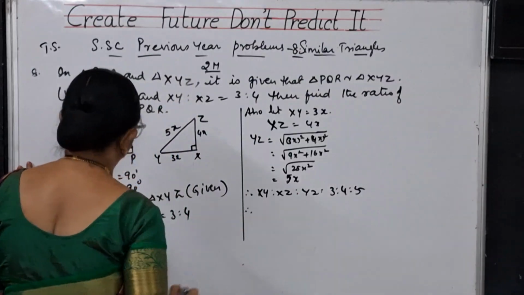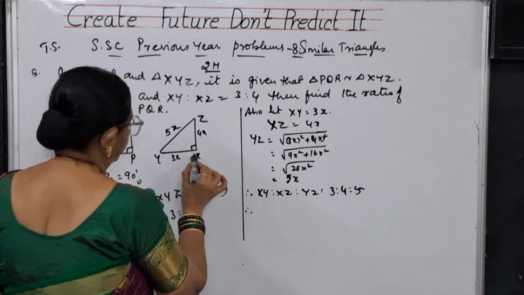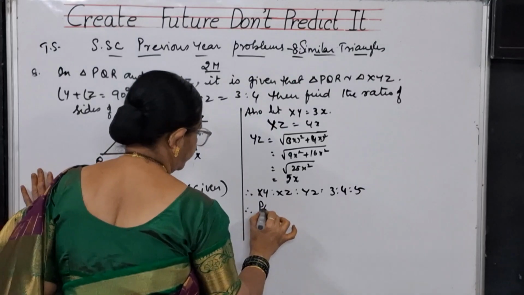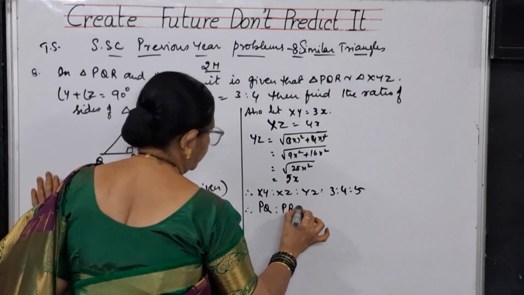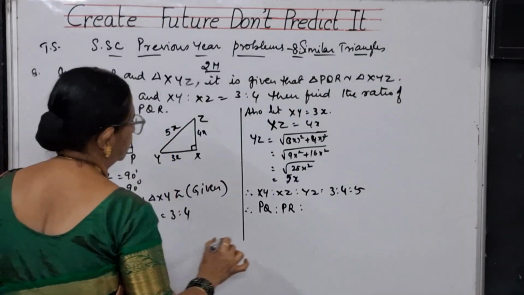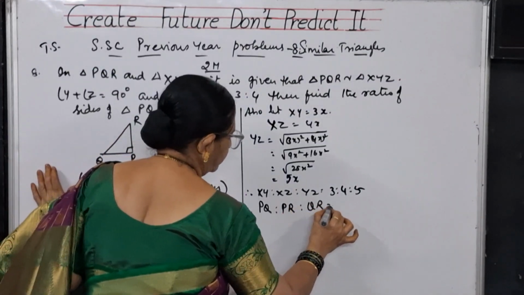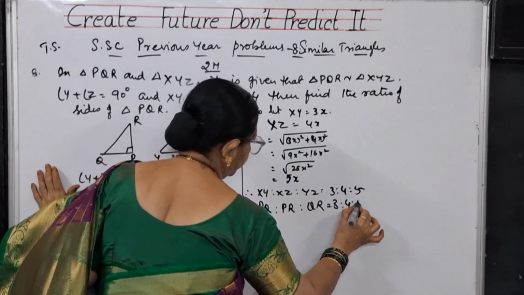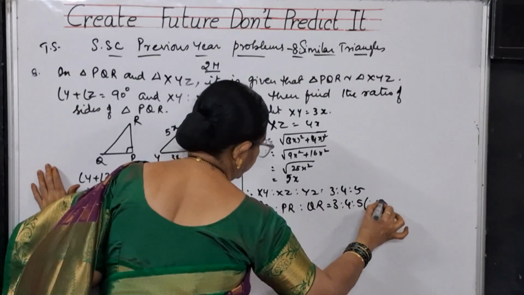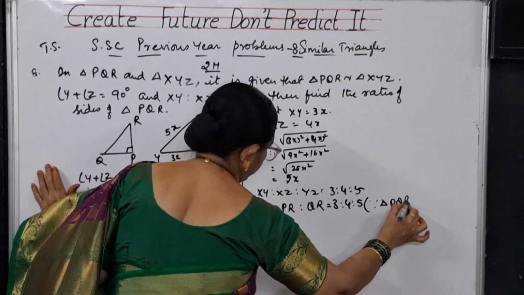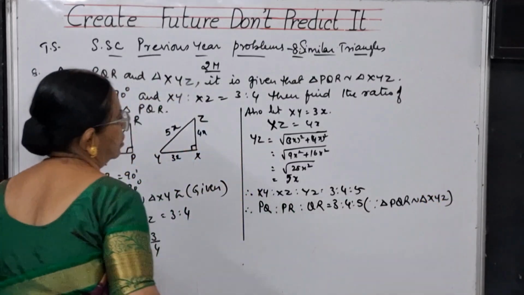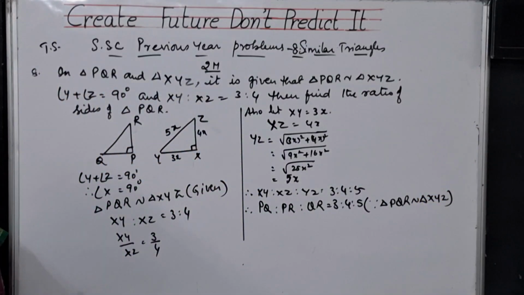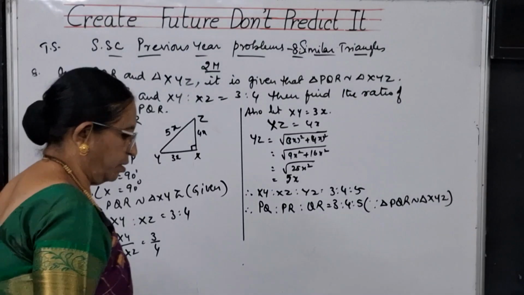So XY means PQ is to XZ means PR is to YZ means QR also equal to 3 is to 4 is to 5. Why? Because triangle PQR is similar to triangle XYZ. This is the answer, children. Please write down this.